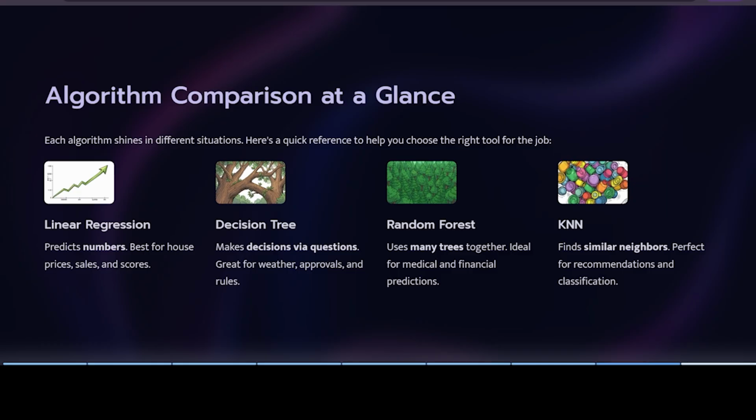Random forest is multiple decision trees, used for medical predictions, fraud detection, and so on. KNN finds similar neighbors, like movie recommendations, product recommendations, and image classification. These are the examples. This is how the algorithms in machine learning work.